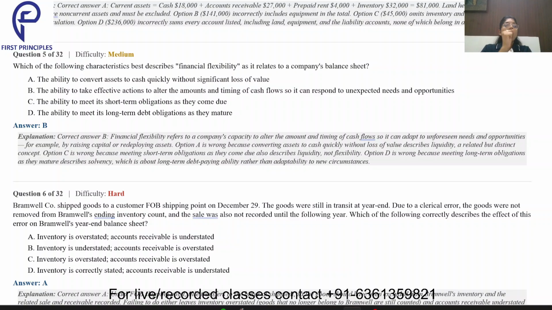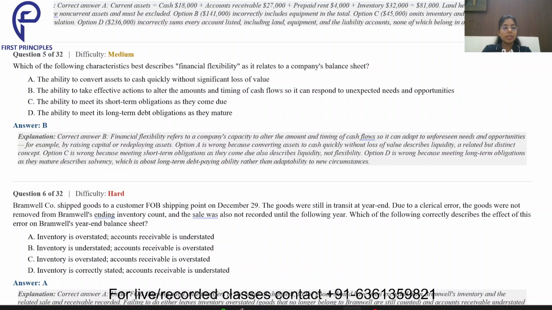Now let's see. Option A, the ability to convert assets to cash quickly without significant loss of value. Is this option correct? Yes, it is somewhat correct, but I want to have a look at the other options. Option B, the ability to take effective actions to alter the amounts and timings of cash flows so it can respond to unexpected needs and opportunities.